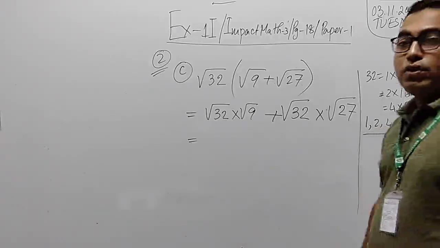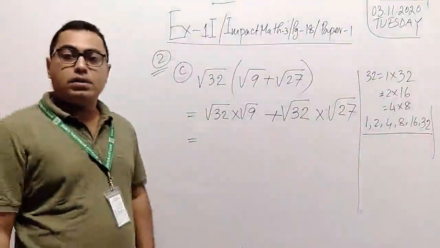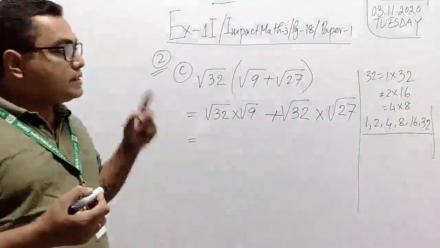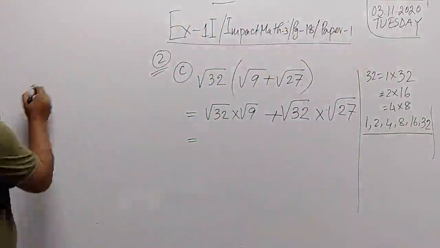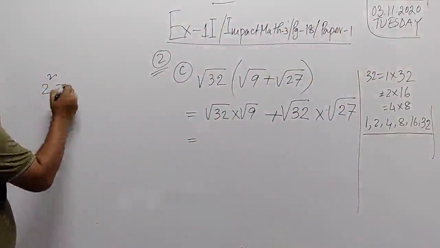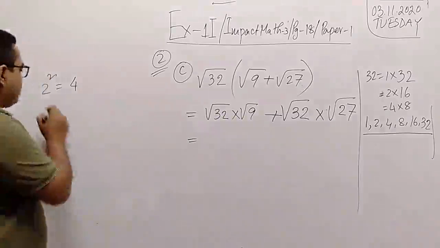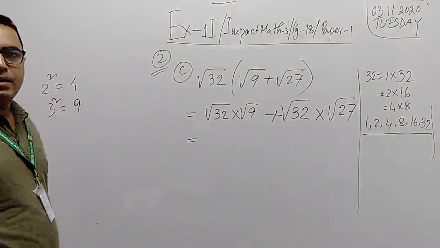We have to get mainly a square root. So what is a squared number? Suppose 2 squared is equal to 4. 3 squared is equal to 9.